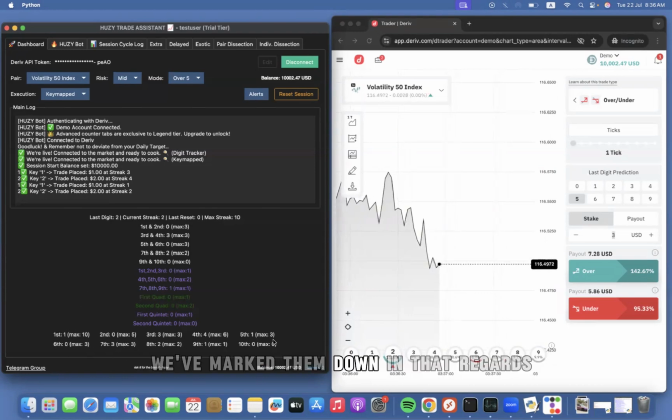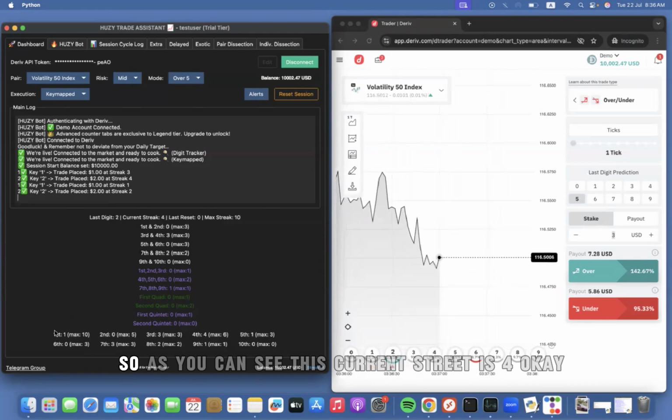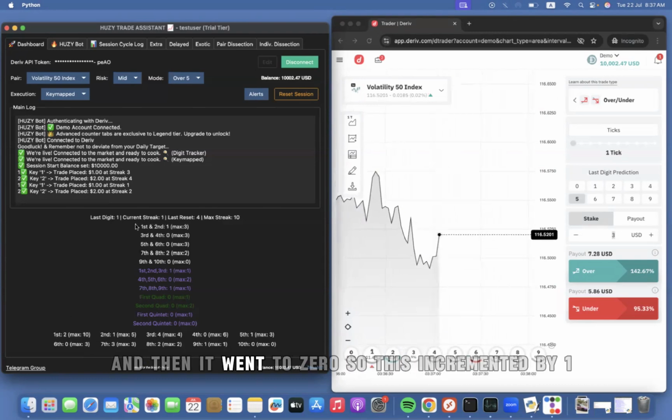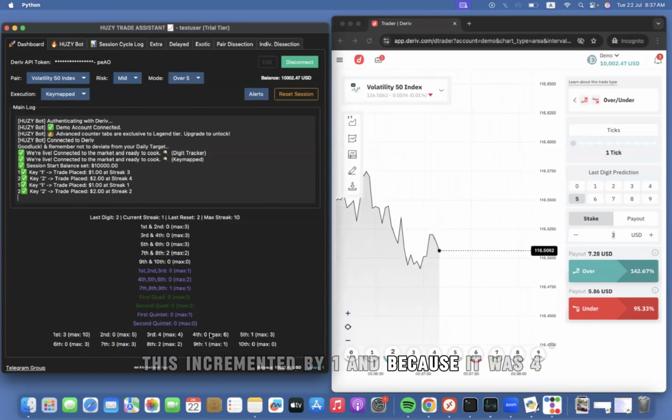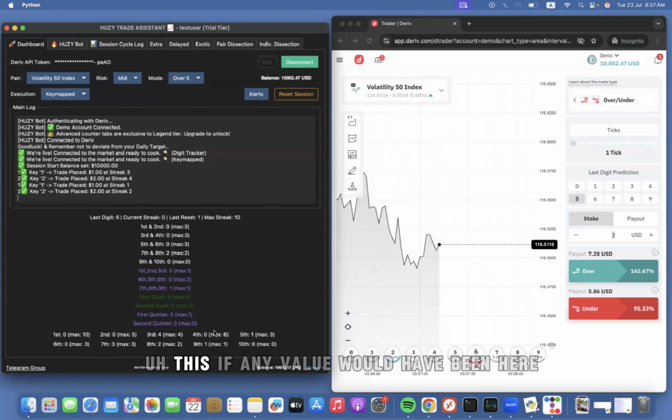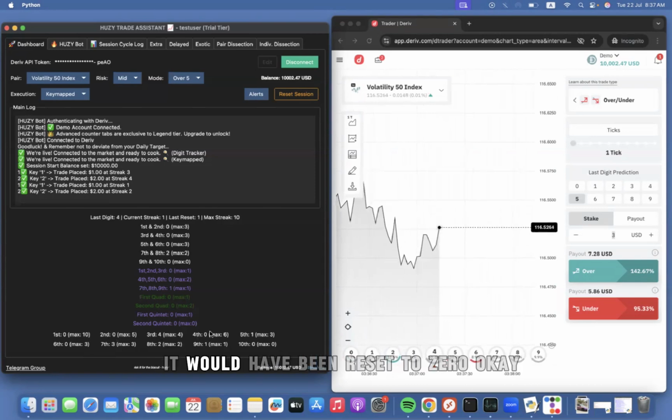So as you can see, this current streak is 4. Okay, and then it went to 0. So this incremented by 1, this incremented by 1, this incremented by 1, and because it was 4, if any value would have been here, it would have been reset to 0.